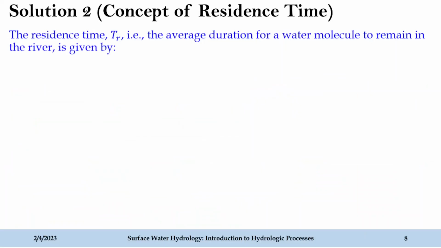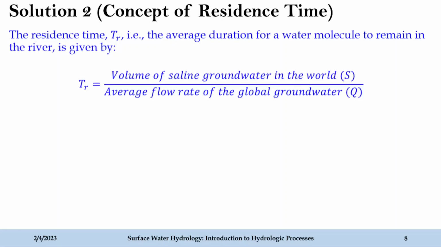As we had discussed previously, what is the residence time? The definition is still there on your screen. And we are now interested in finding out the residence time for global groundwater. So here we are focusing on the volume of saline groundwater in the world divided by the average flow rate of the global groundwater.